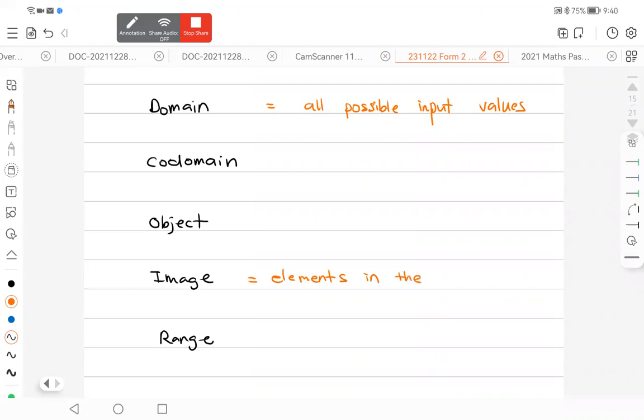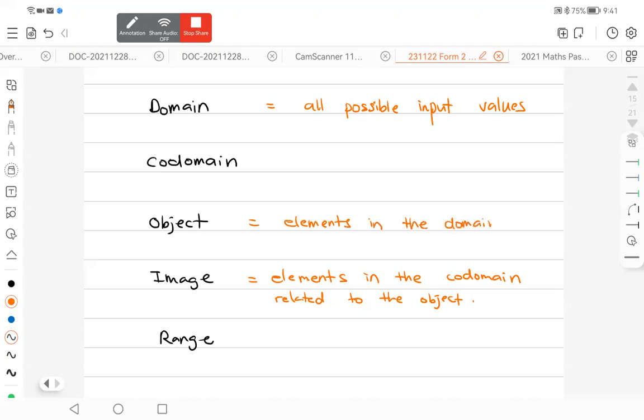Elements in the codomain related to the object. Otherwise, elements in the domain, then it will be object.